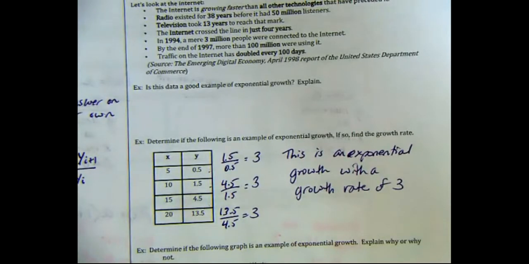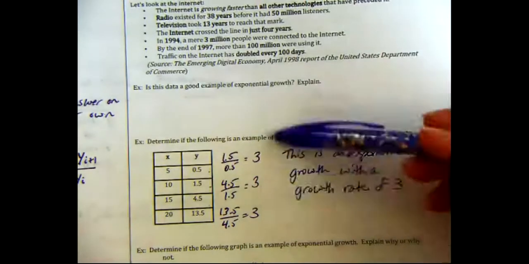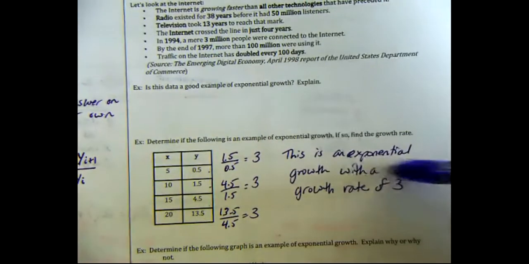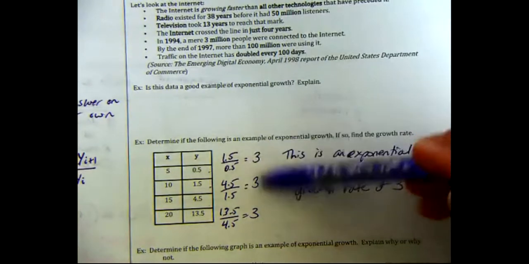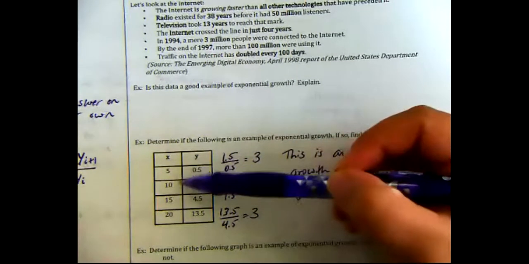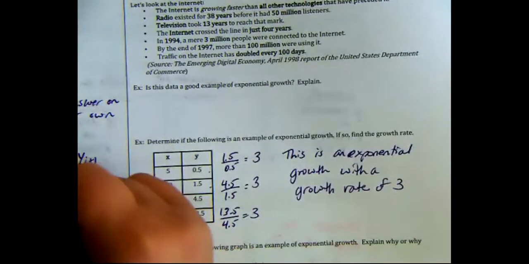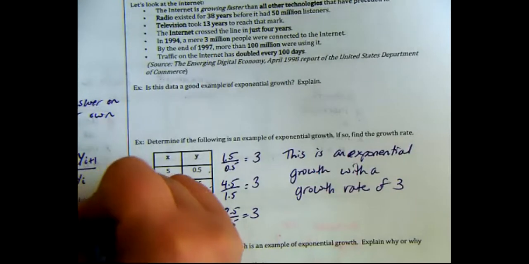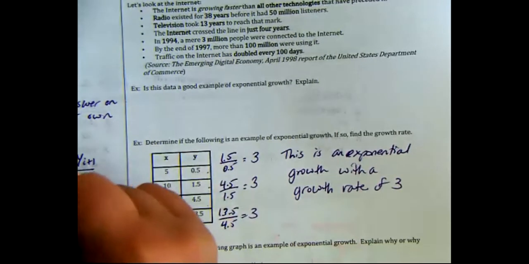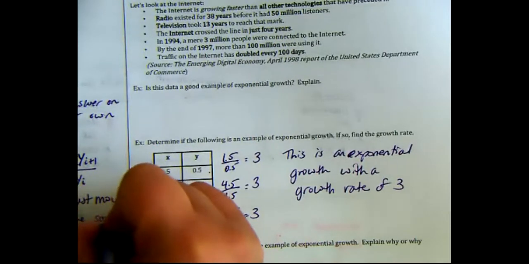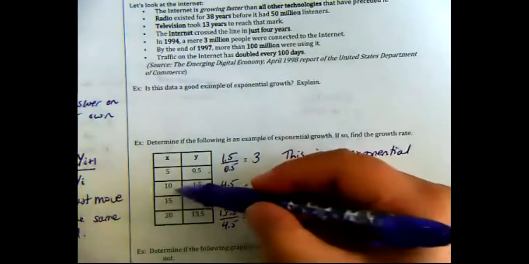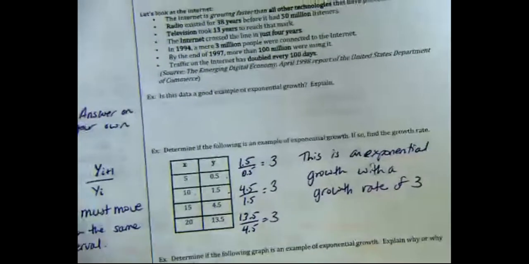So one way to determine if it's an exponential growth is by doing the division of the y's. Again, making sure that our x's move with the same interval, which means that the spacing between each of the x's, I'm sorry, you guys can't see that.